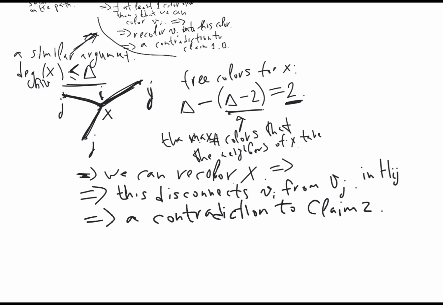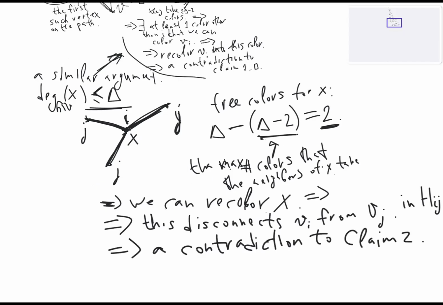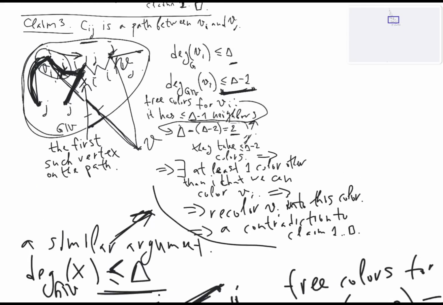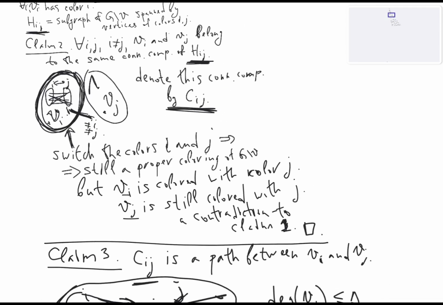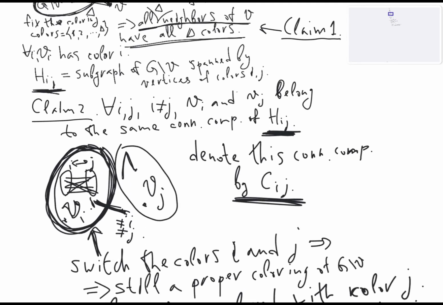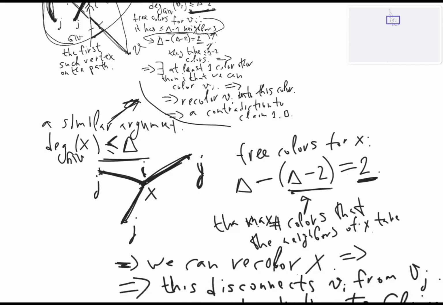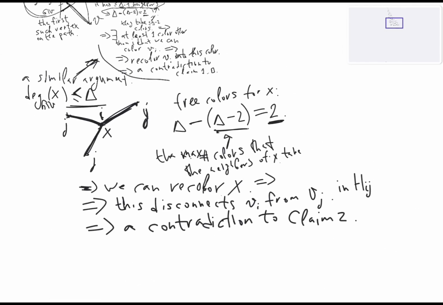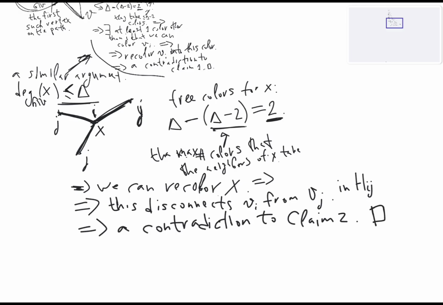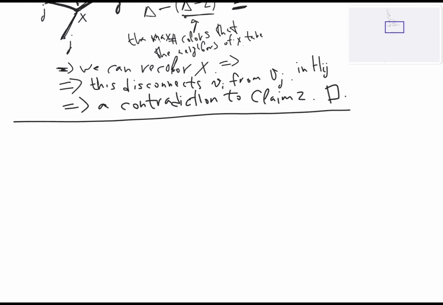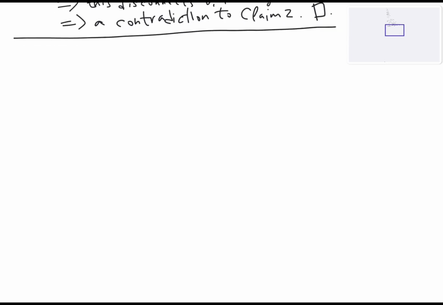So after this recoloring, we get that vi and vj are not connected by the colors i and j, and therefore claim 2, which claimed that vi and vj belong to the same connected component, would be violated. So this concludes the proof of claim 3. Now there are a couple more claims. So claim 4.